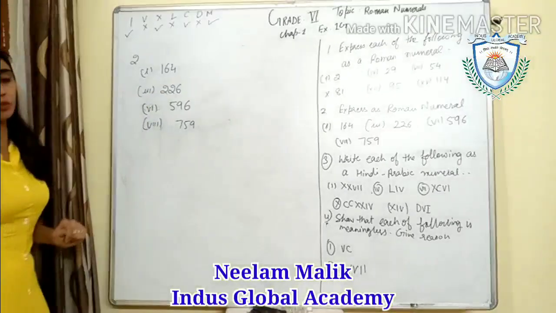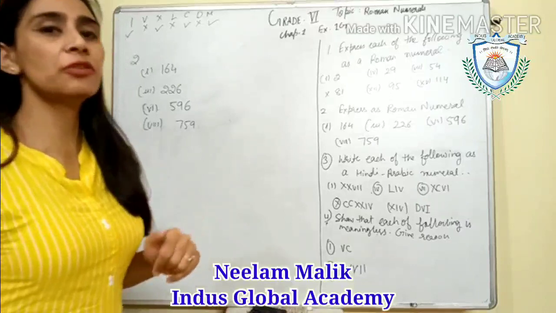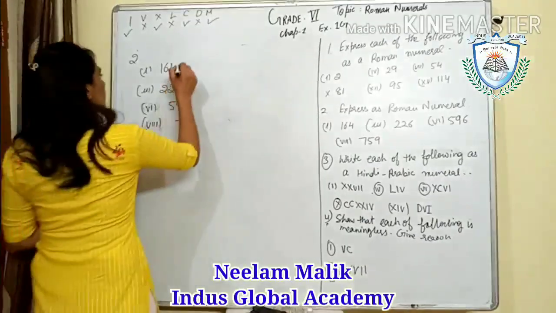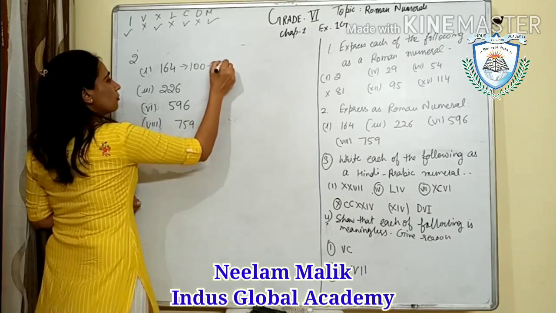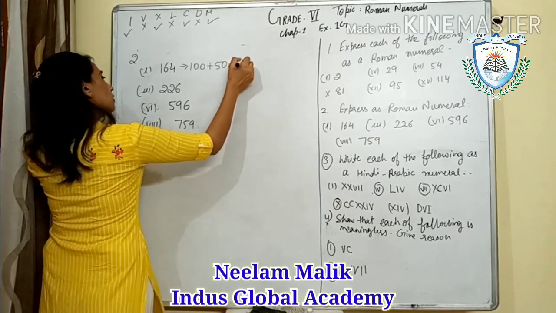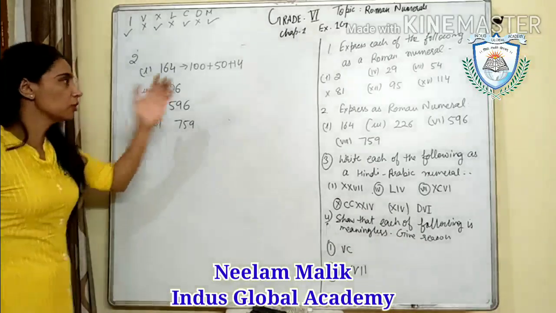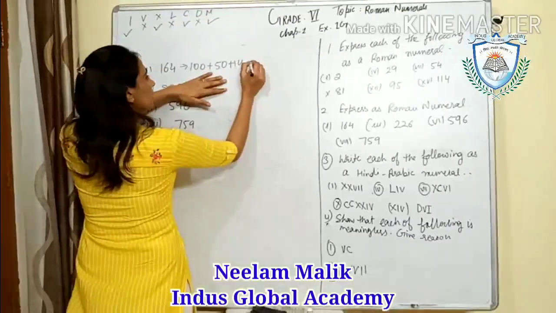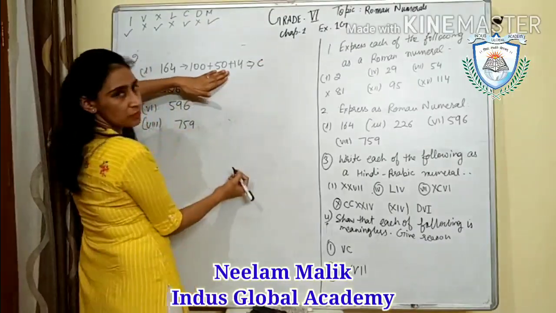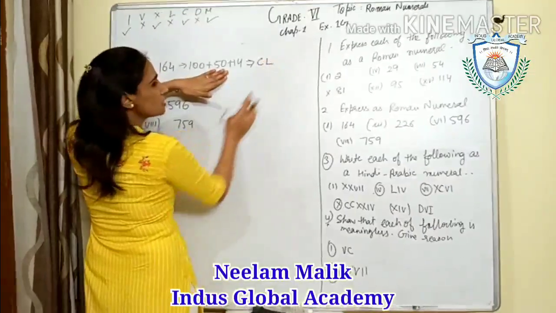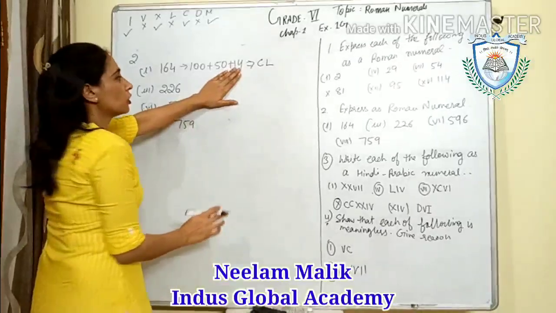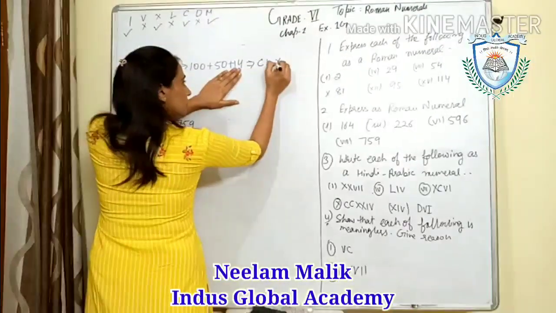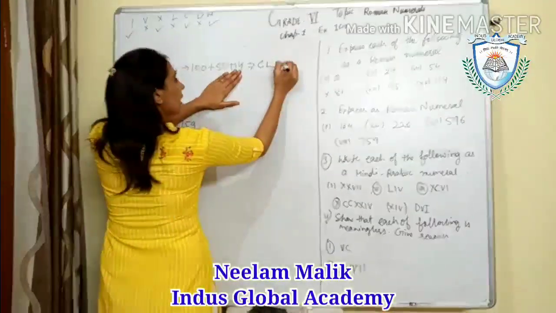164 means 100 plus 50 plus 14. That will be 164. So now write the values. What is 100? 100 is C. 50 means L. And 14 means X, 10, and IV, which is 14.